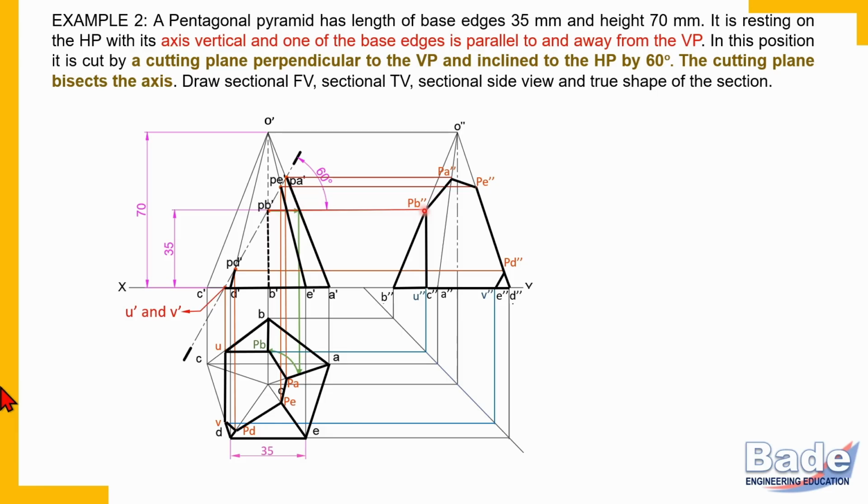Project it in the side view, and from the side view you can draw a projector in this manner to get PB in the top view. But we do not always draw the side view. That is why you must know the procedure of transferring PB in the top view from the front view. So PB dash, take it on edge OA, project it on edge OA, and then with O as a center, draw an arc to transfer that PB on its own edge.